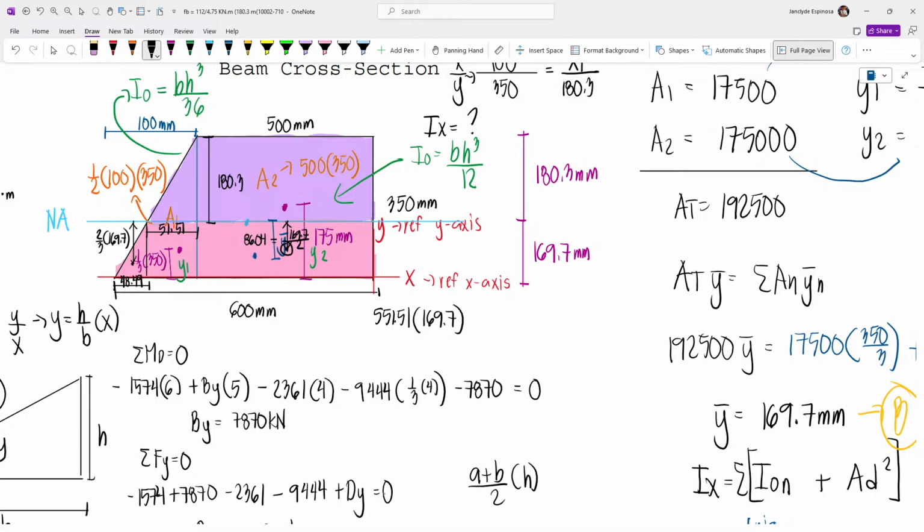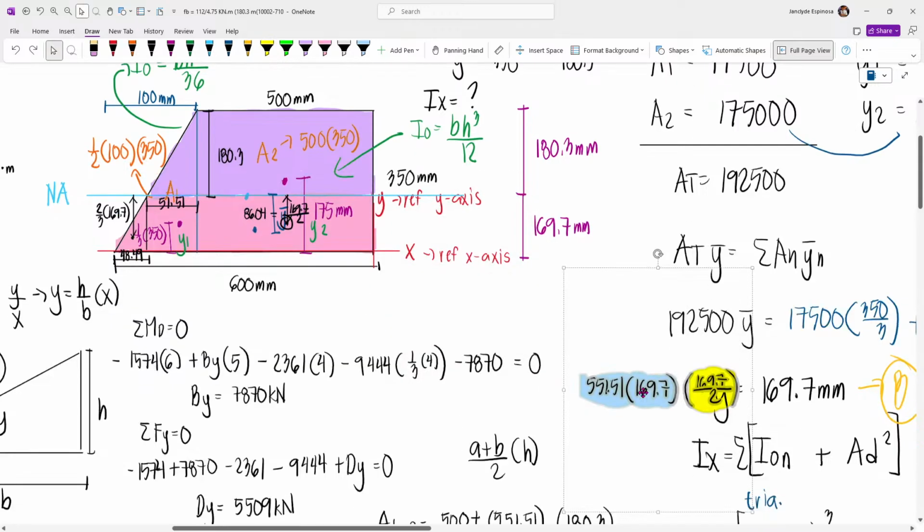That is the area. The barred Y is from the centroid of the figure to your neutral axis. So we have 169.7 divided by 2. That is the barred Y.